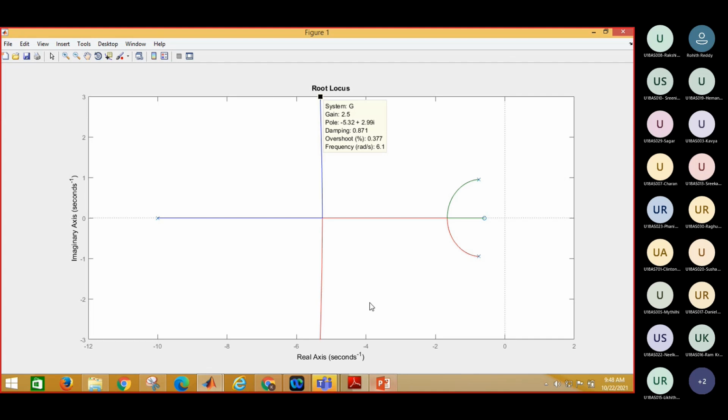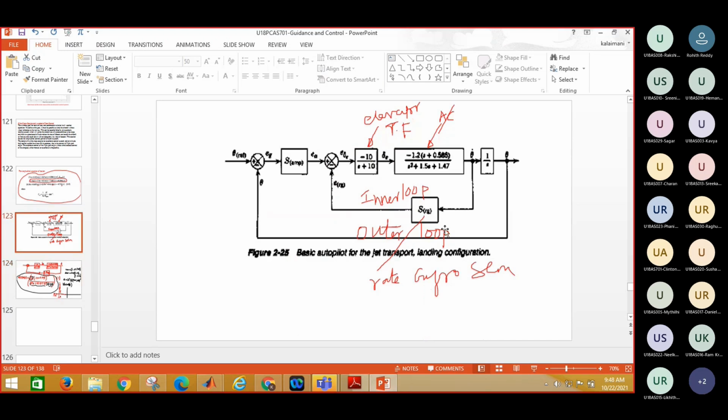Because if you incorporate your outer loop system, see here, this is your outer loop system, that will pull the aircraft to a lesser damping. So that's why we select a high value for the rate gyro sensitivity, for slightly higher damping as compared to the outer loop.